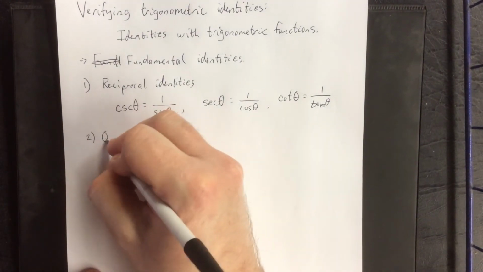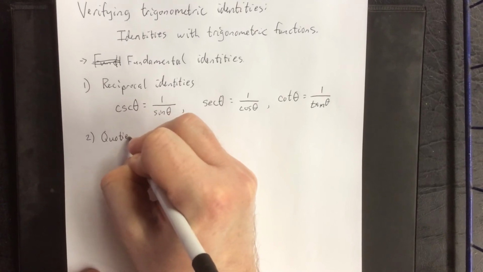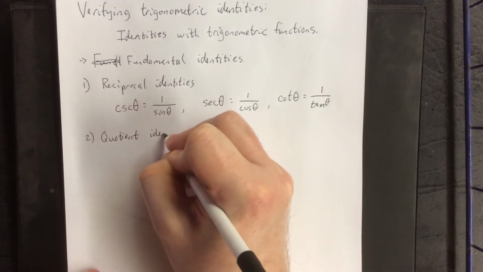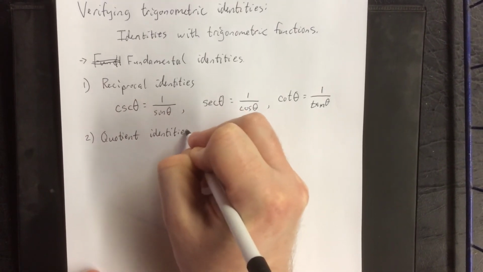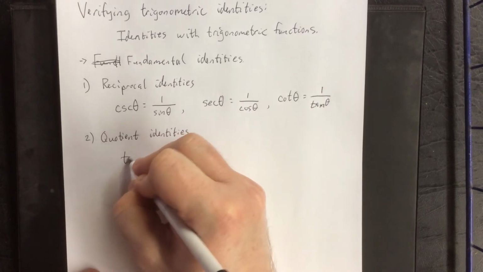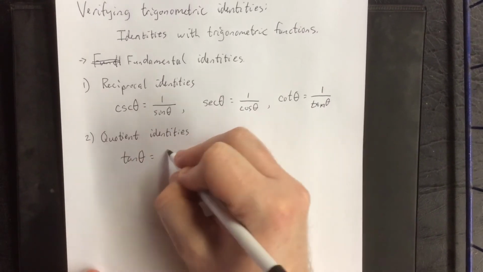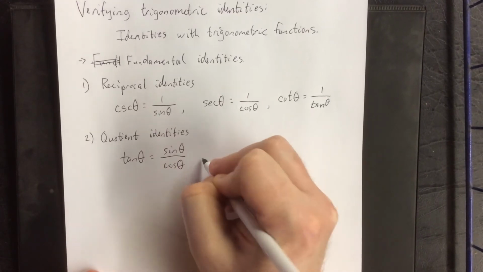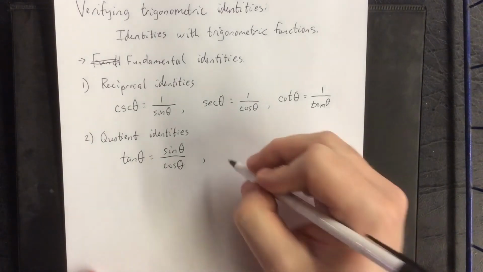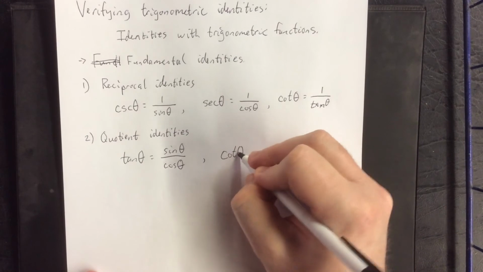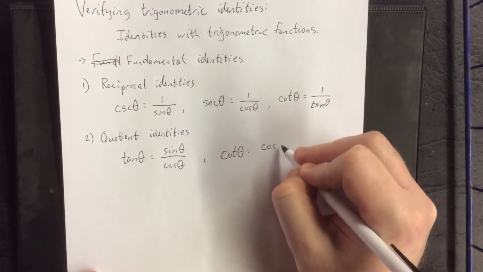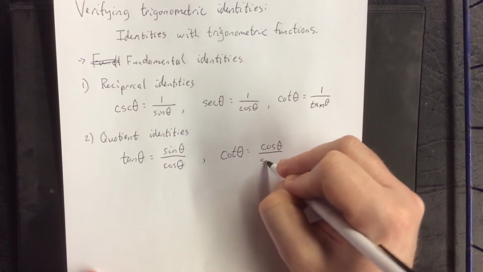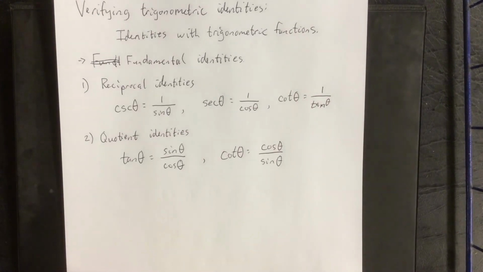There were also the quotient identities, which is how we were able to express the tangent of an angle as a quotient of 2 other trigonometric functions, or the cotangent of an angle as a quotient of 2 trigonometric functions.